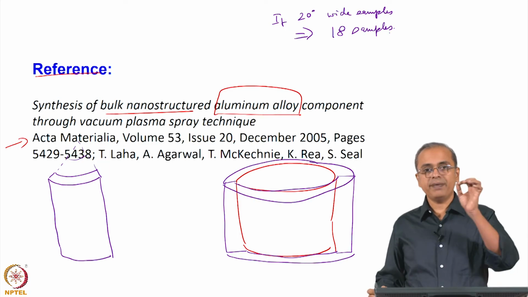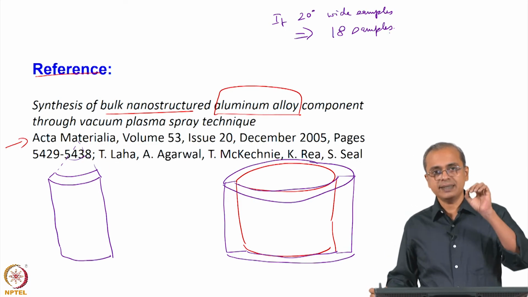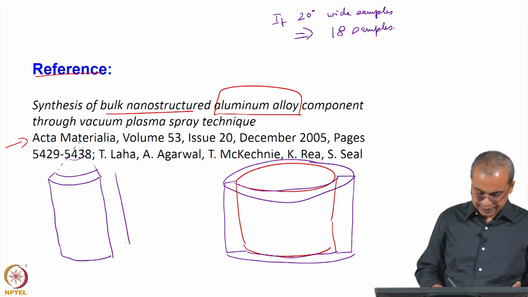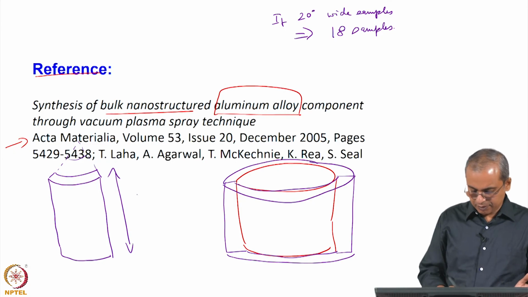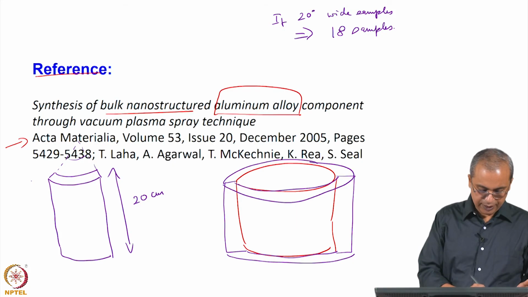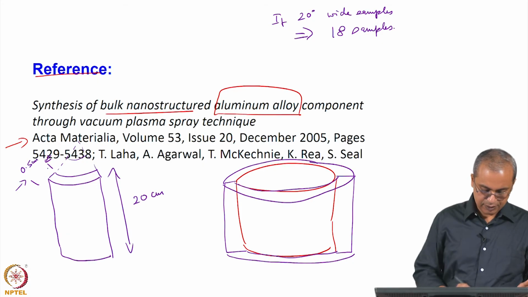So, please remember, now you have 18 samples made at the same time, and those dimensions could be say anything. So, this dimension, like I said, let us say this is, I do not know, to give you an example, this could be say 20 centimeters, this could be 0.5 centimeters, so something like that.